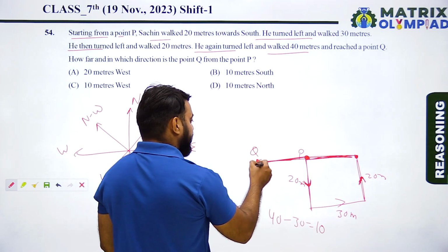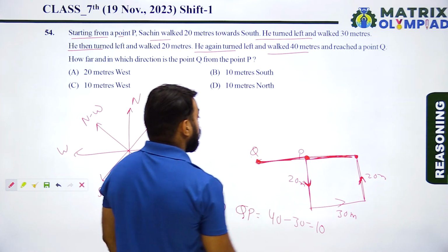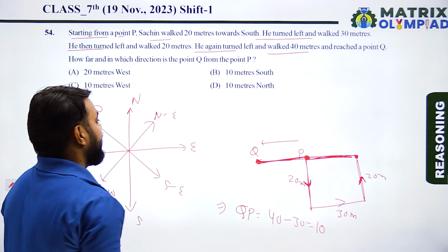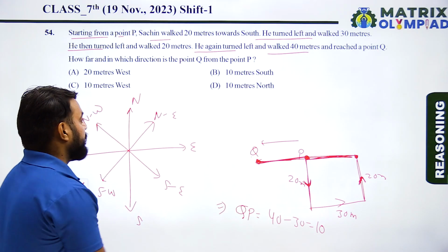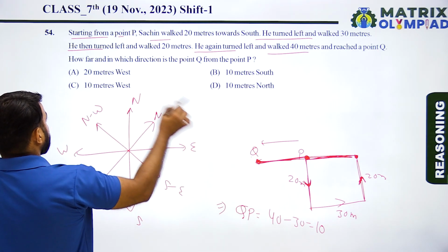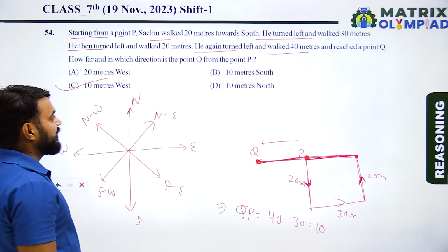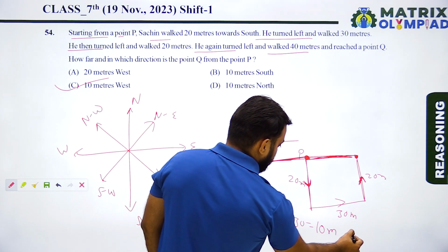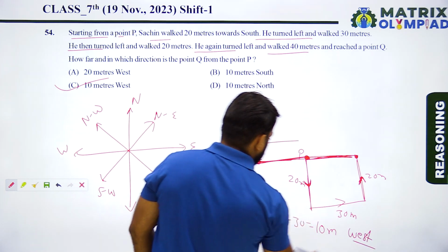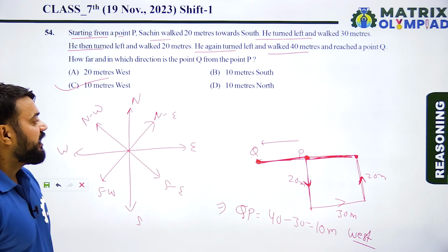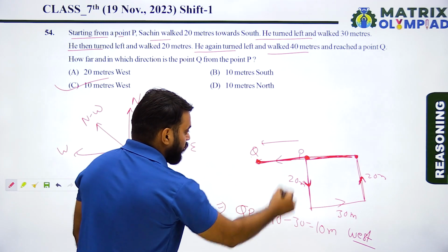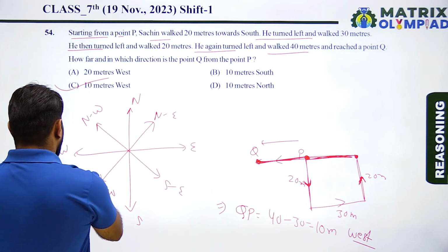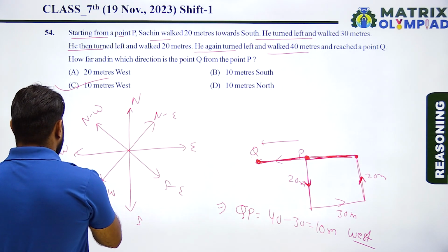Now find the direction of Q with respect to P. Q is in the west of P, 10 meter towards west. So here option C is the correct answer of this question.